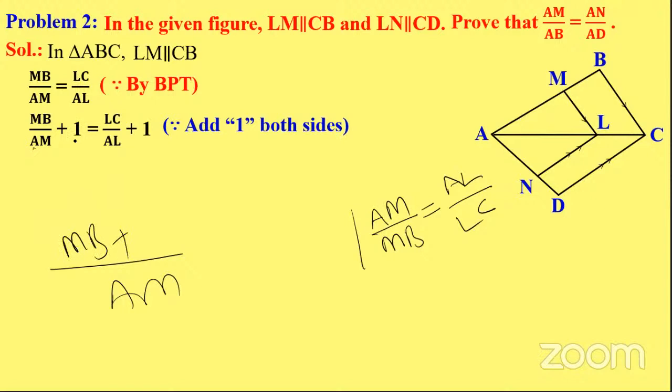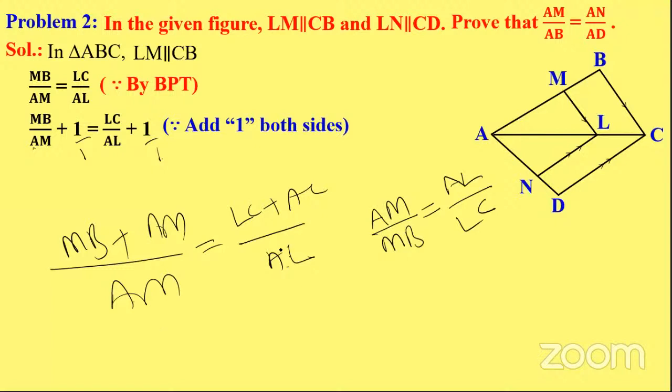Plus this 1 means 1 by 1. AM divided by 1 gives AM, AM into 1 is AM. RHS, AL is the LCM. AL divided by AL is 1, 1 into LC. This is nothing but 1 by 1, AL divided by 1 gives AL, AL into 1, AL. So by LCM we get this.